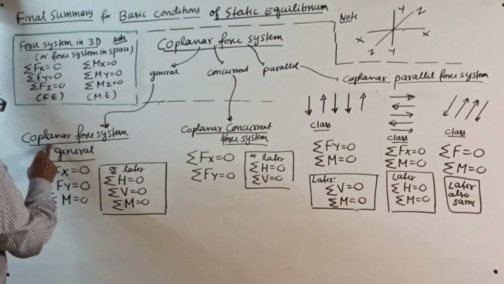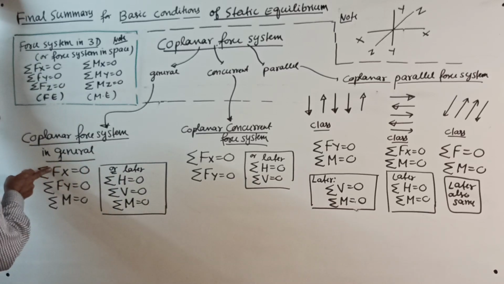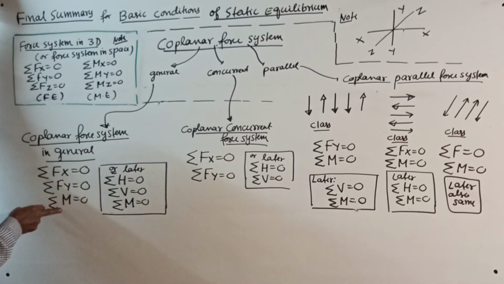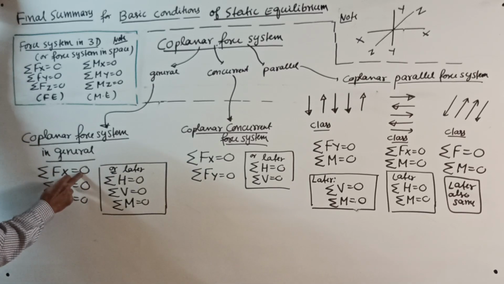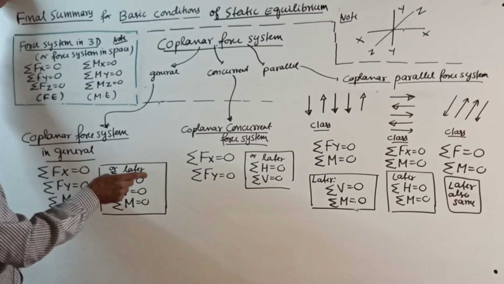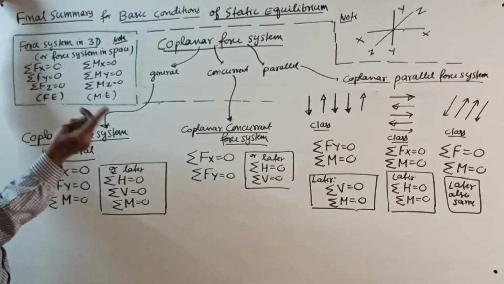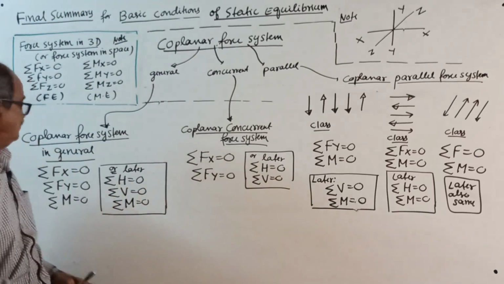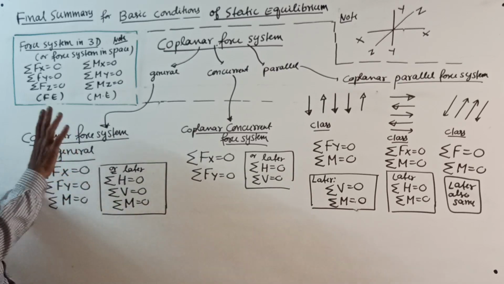General coplanar force system: in general, sigma Fx = 0, sigma Fy = 0, sigma M = 0. Basic conditions of static equilibrium are algebraic, so write in the bracket: sigma Fx = 0, that is, algebraic sum of components of all the forces of the given force system along xx equal to 0.